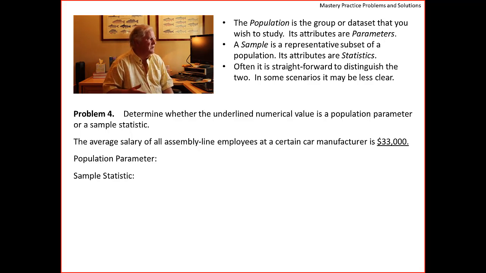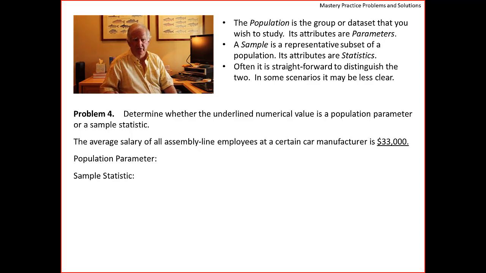It's just one possibility. You have to read a little bit more into this, I think. It could also be that the average salary of all the assembly line workers was taken as part of a cluster sample or a stratified sample, perhaps, in an exercise in which the car manufacturer is trying to look at the average salary of all of its workers.